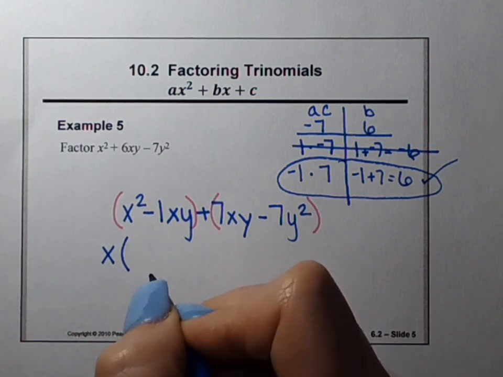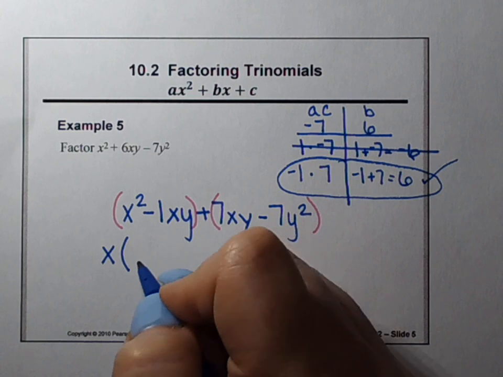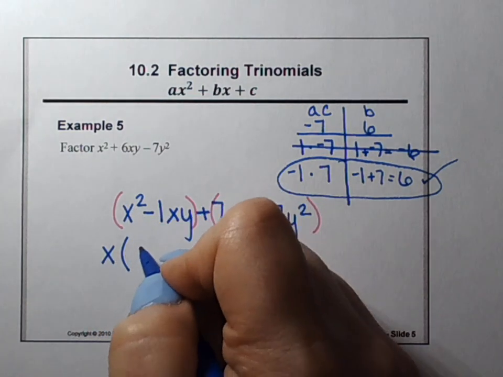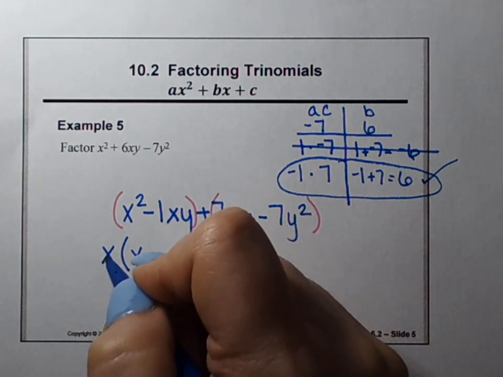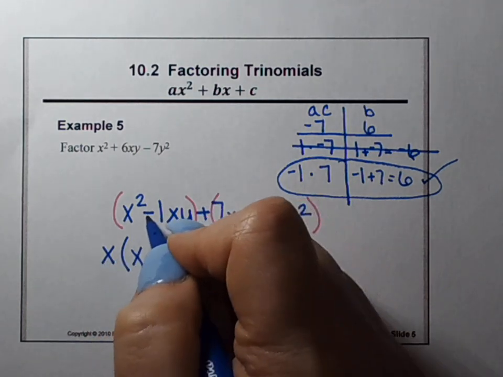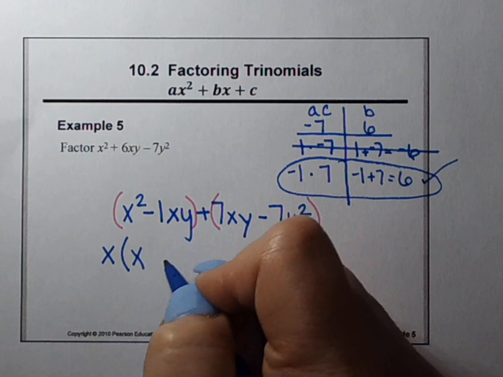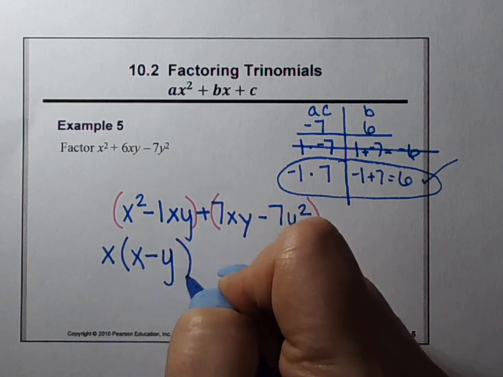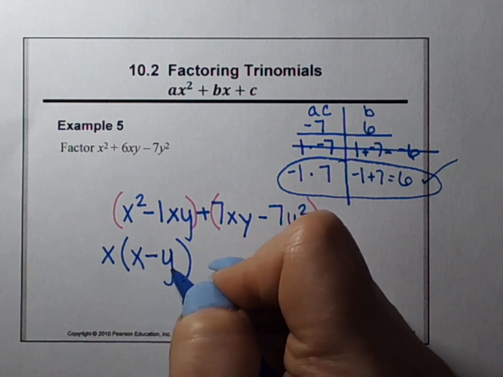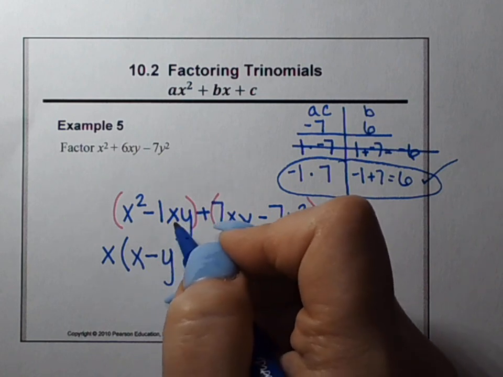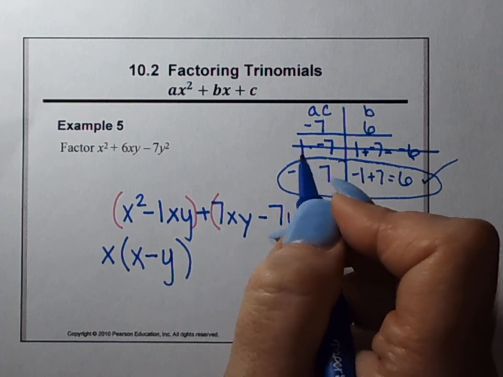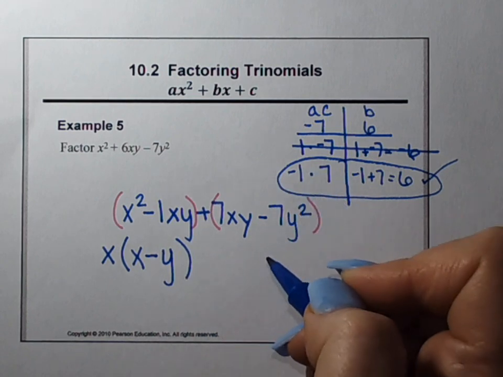So that's my GCF. So I need to ask, what do I multiply x by to get to x squared? Well, just x. What do I multiply x by to get to a negative xy? Well, I'm going to multiply it by a negative y. So x times negative y would give me a negative xy. Because remember, I don't have to have that 1 written there, but I just wanted to write it because I wanted y'all to see where that factor went.